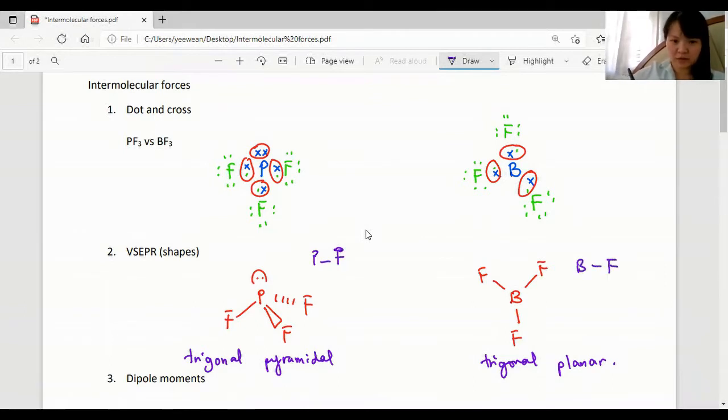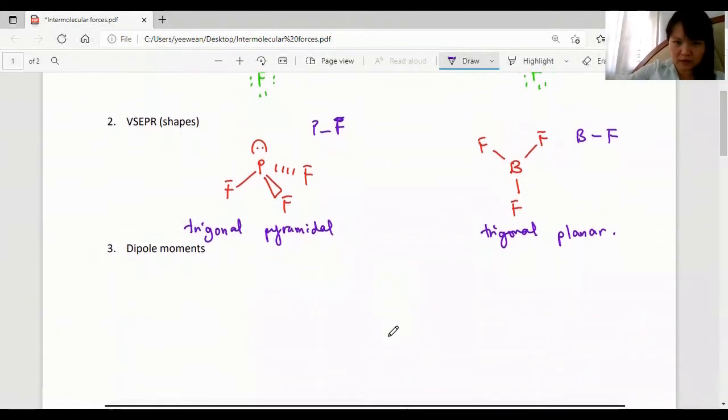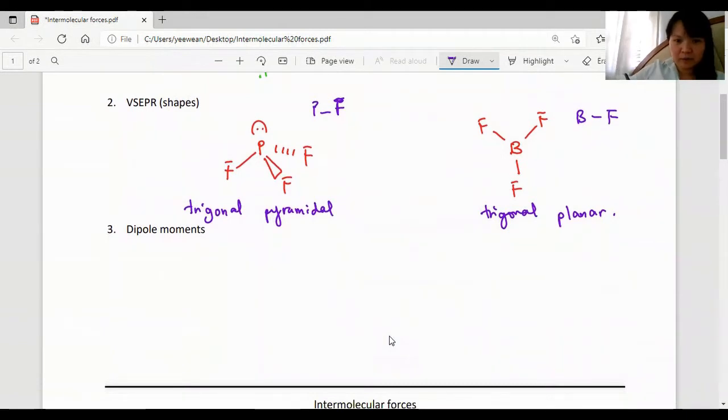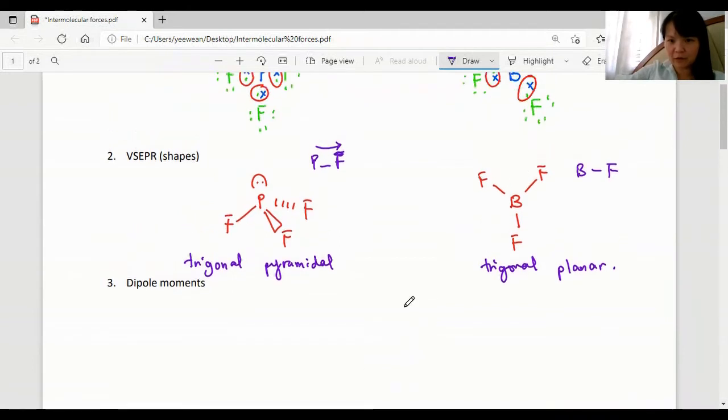Both P-F and B-F are polar bonds, but as a molecule, do they have a dipole moment? P compared to F, F is more electronegative, so it will pull the shared pair of electrons towards itself. And for B and F, also F is more electronegative, so it will pull the shared pair of electrons towards itself.